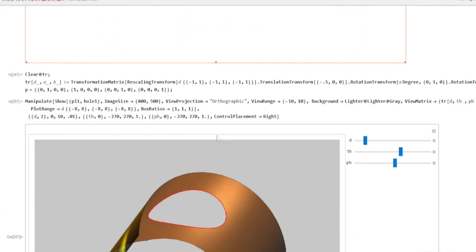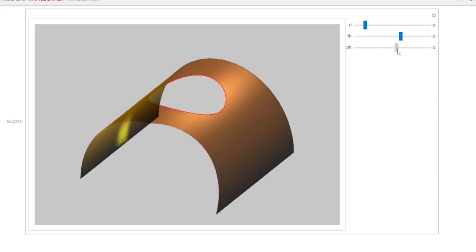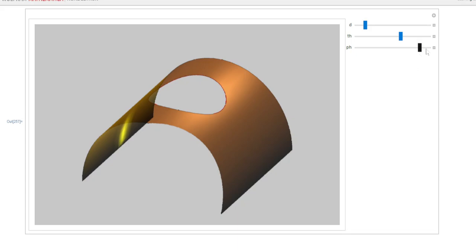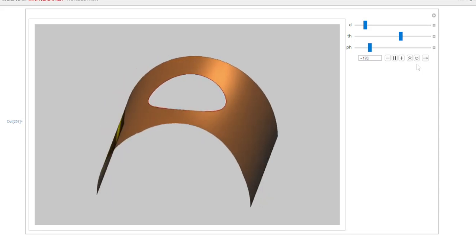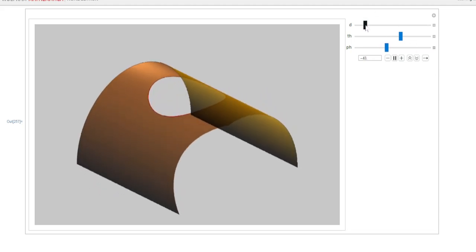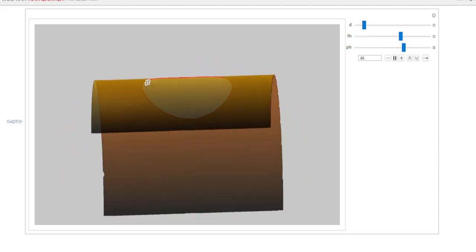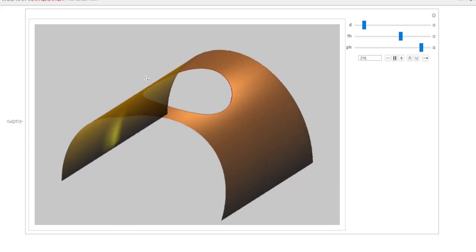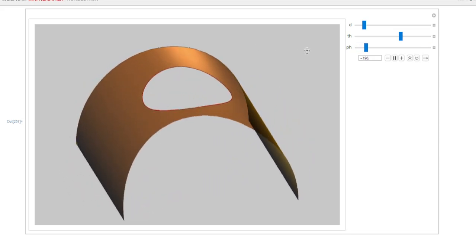Now, another way to illustrate this is by doing this in a controlled manner. So for example, if I am rotating this shape from a high enough angle, like so, you can see that the outline will never become self-intersecting.